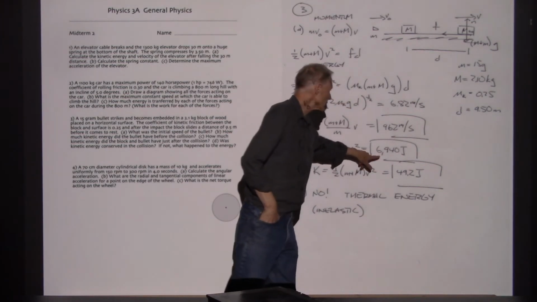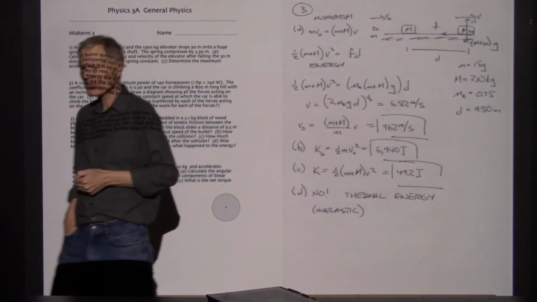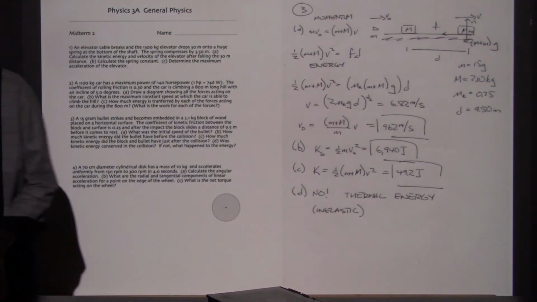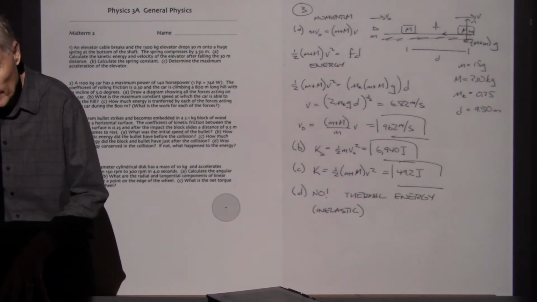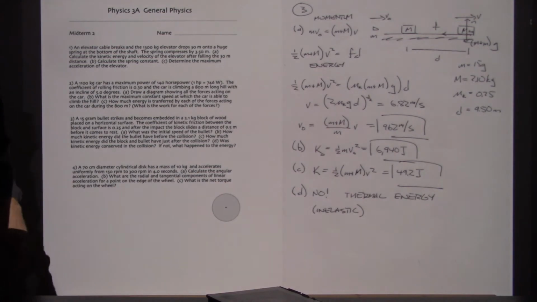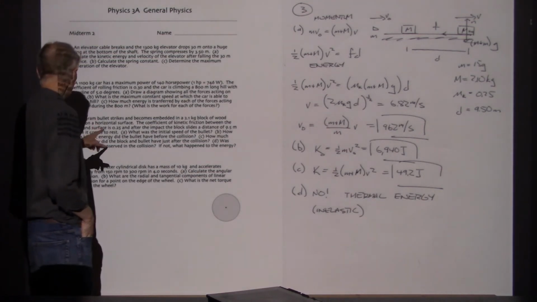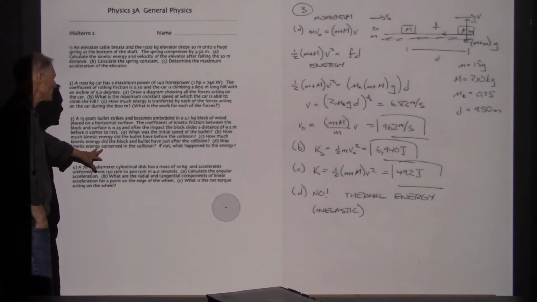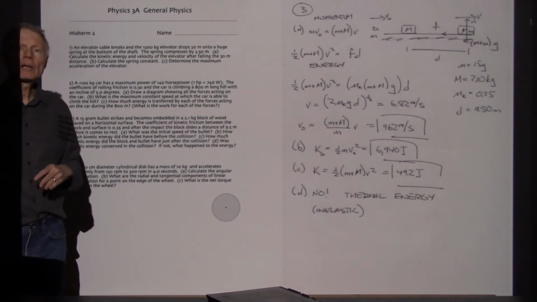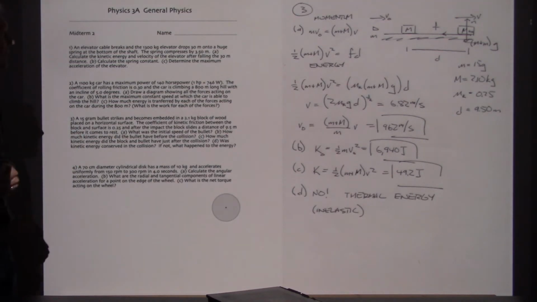Right before the collision, we had almost 7,000. So you can see how much thermal energy. Did they ask for that? Anyway, you can see the numbers. So let's see, was kinetic energy conserved? No, it's an inelastic collision. And what happened to the energy? The energy went thermal. How much energy would that be?